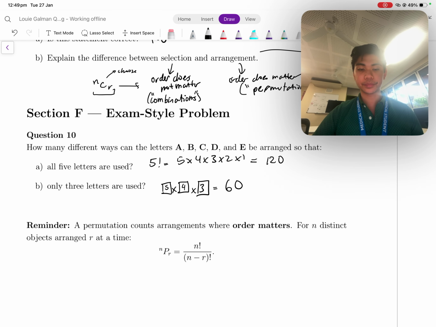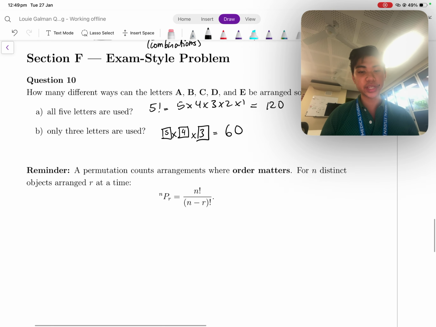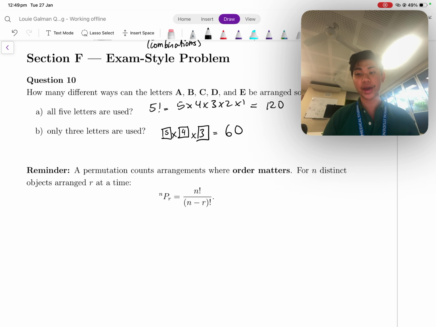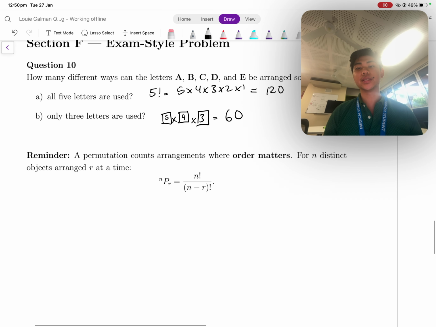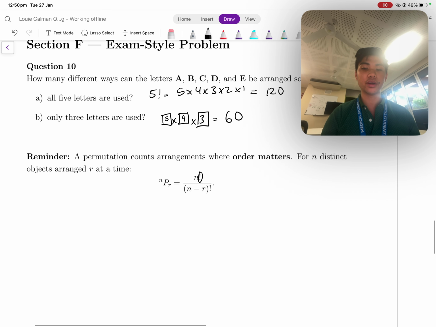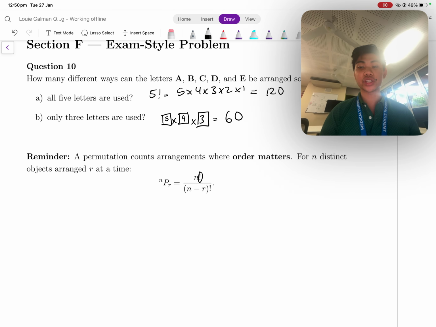Here's a reminder. A permutation counts arrangements where order matters. For n distinct objects arranged r at a time, we use this formula. This combines our skill of factorials, the exclamation mark here, and also the permutation part as well.